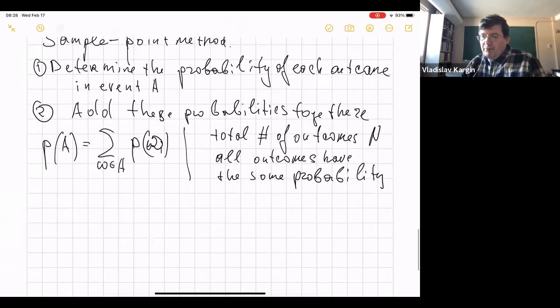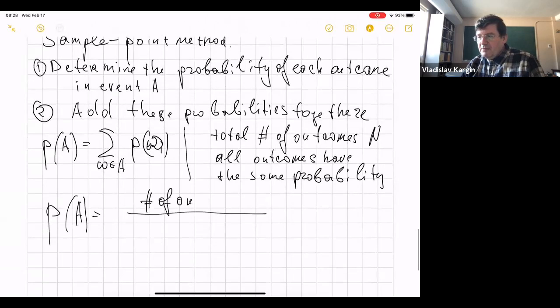Then we have this formula. The probability of A is equal to the number of outcomes in A divided by N, the total number of outcomes. This is Laplace's law. This is the simplest case.